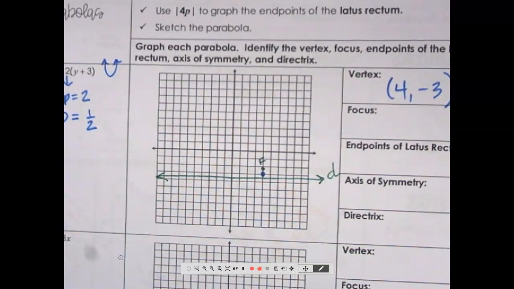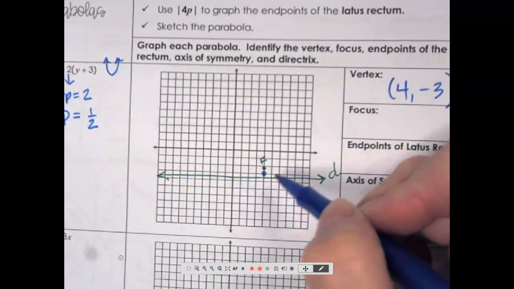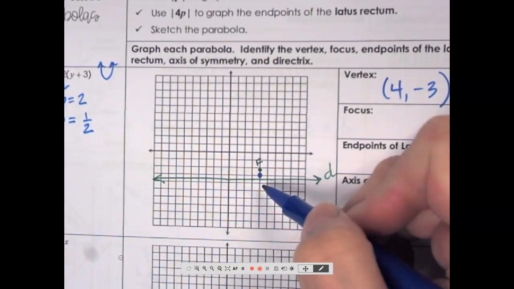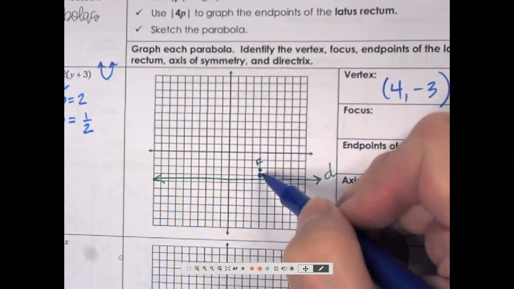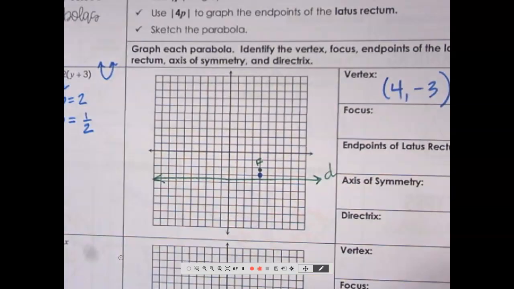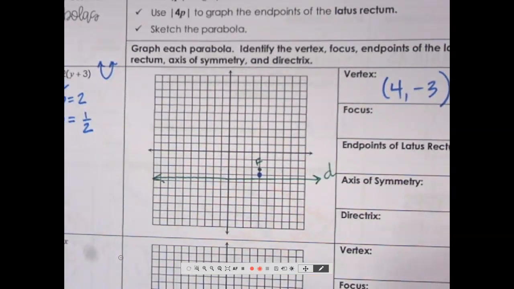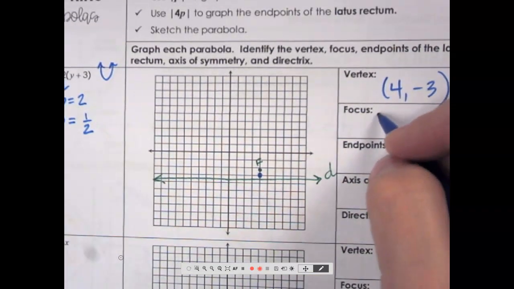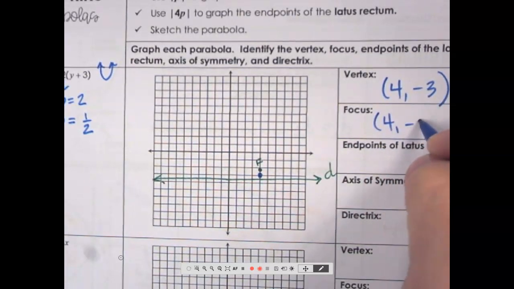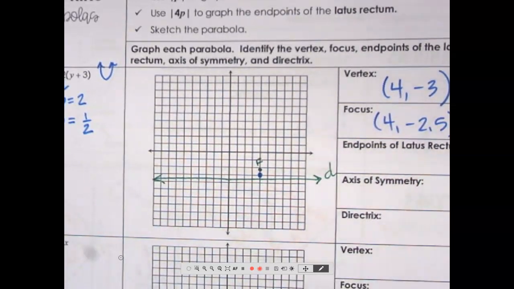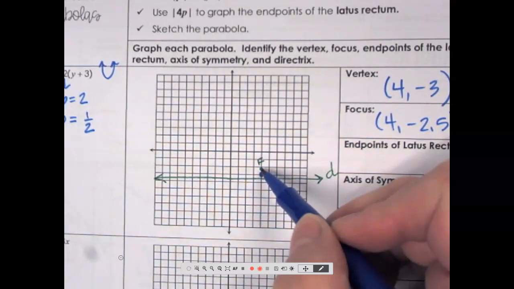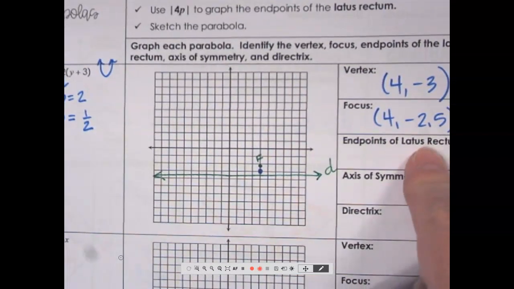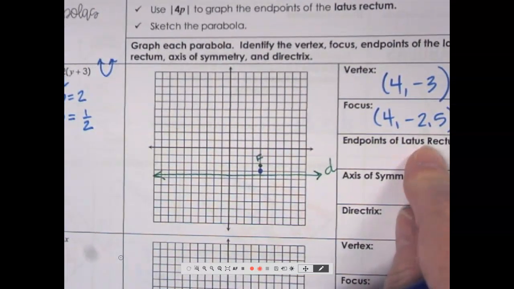Think about this. If this vertex is at (4, -3), but I went up 1/2, what's that ordered pair? (4, -2.5). Do we need to go through that again? This was down at -3, but if I jump back up 1/2, then I'm at -2.5.